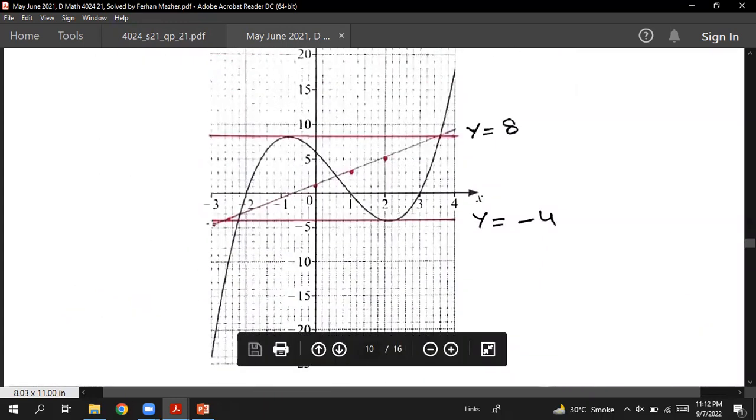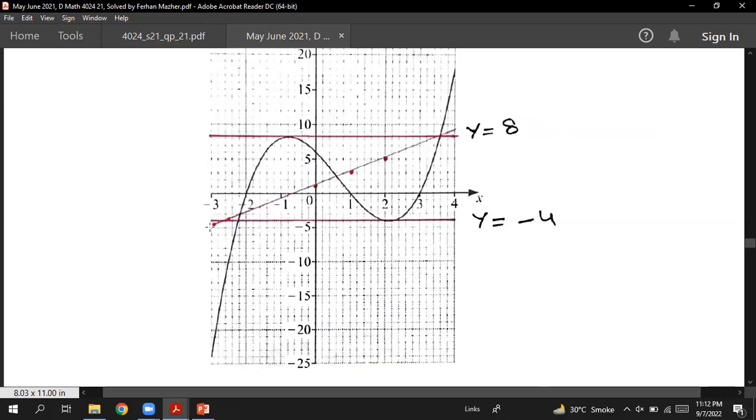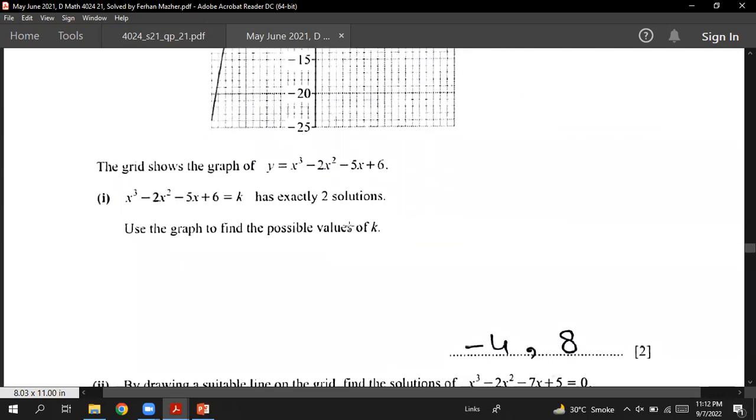You can see I have plotted those points here, and I have drawn that line. You can see that the line cuts the graph here, here, and here. So I will check the value of x where it cuts the graph. It's something like minus 2 point something, here it is 0 point something, and where it cuts the graph here, it is 3 point something.